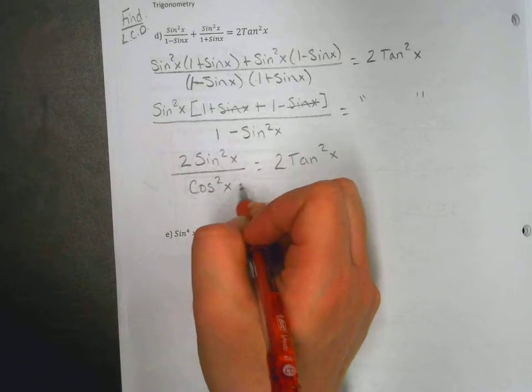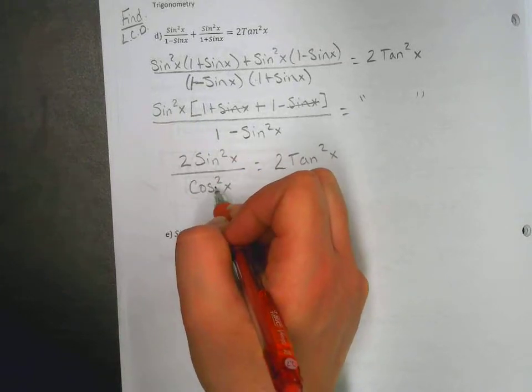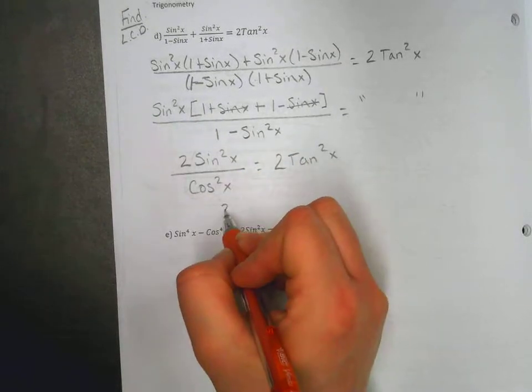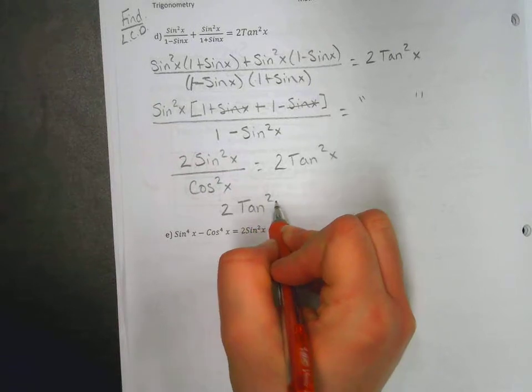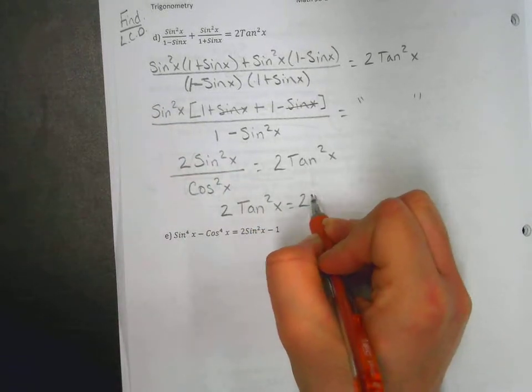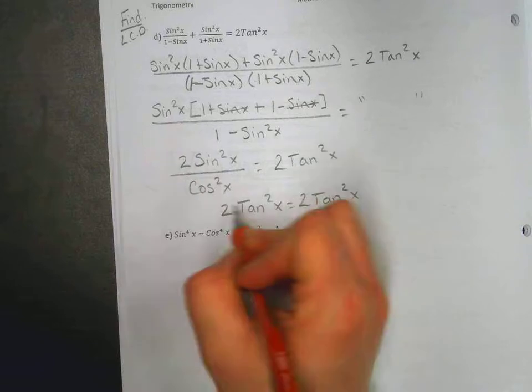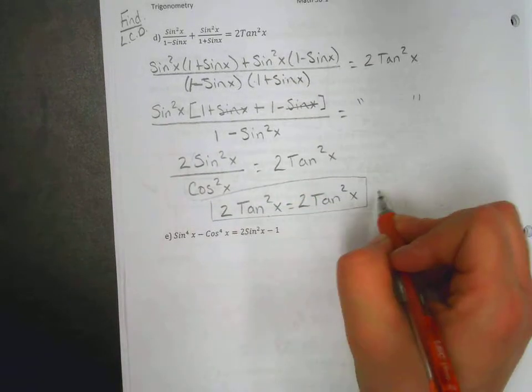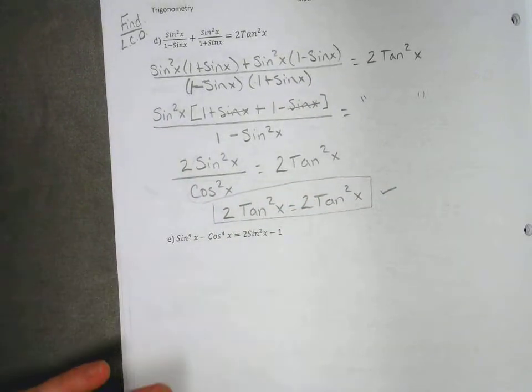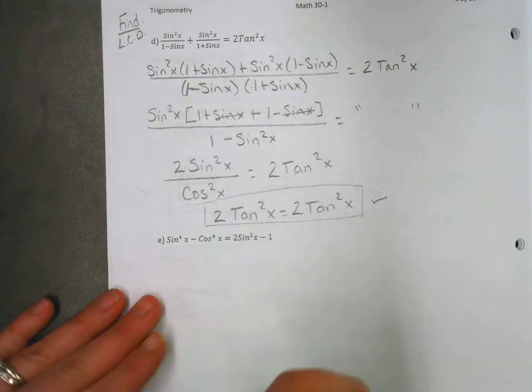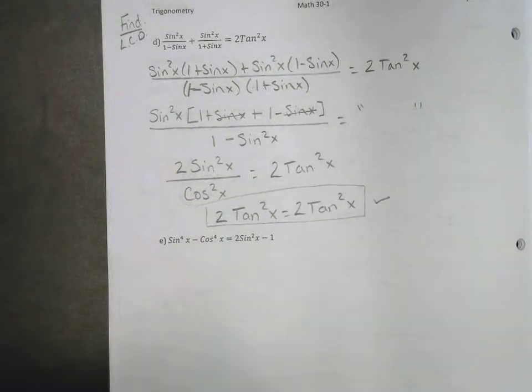Well, look what happens. Sine squared x over cos squared x is equivalent to tangent squared x. And we are done. So again, in this case, we looked to actually add the fractions using a lowest common denominator.